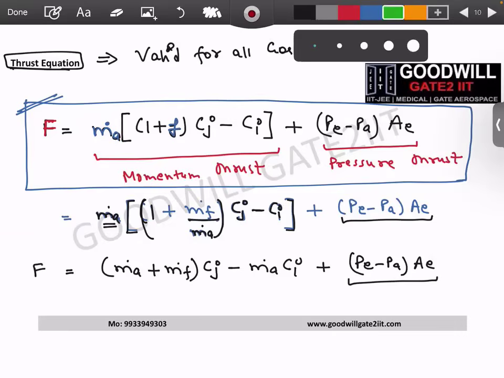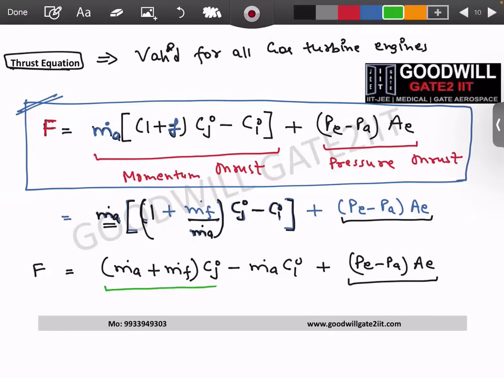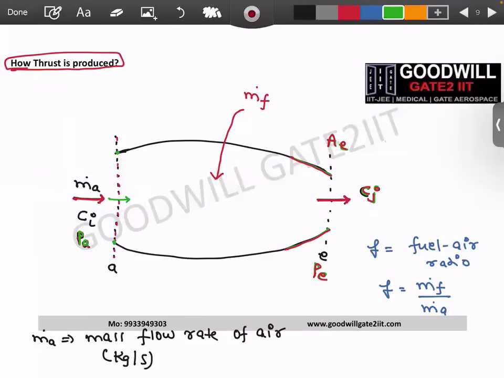Your momentum thrust, if you read it closely, this is momentum at the exit. I told you what is momentum, right? Mass flow rate into velocity. So when you have your gases, these gases are coming out, and these gases will be m dot A plus m dot F, right?